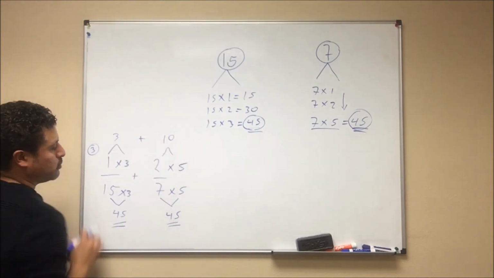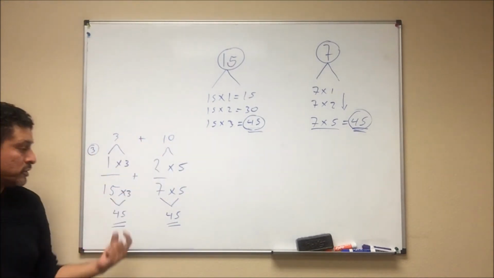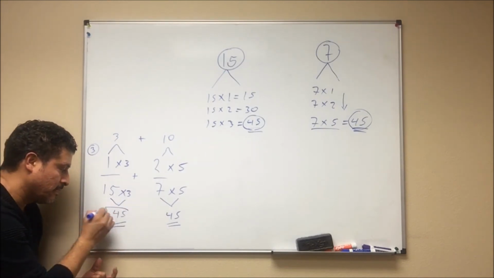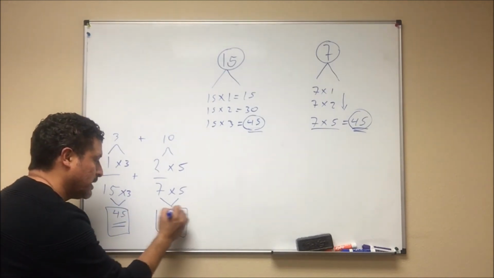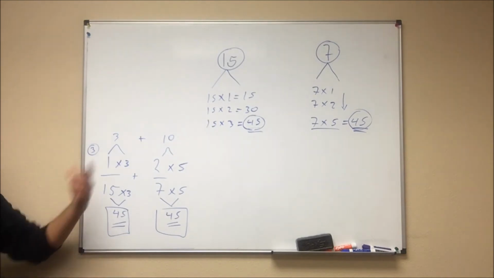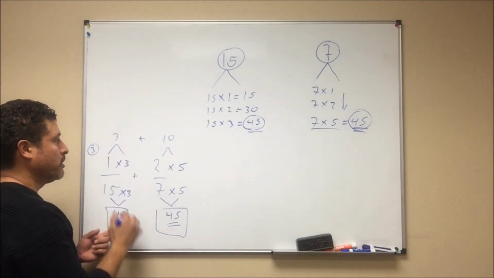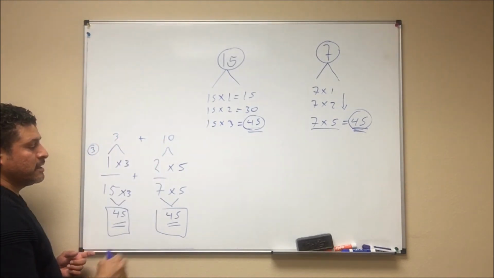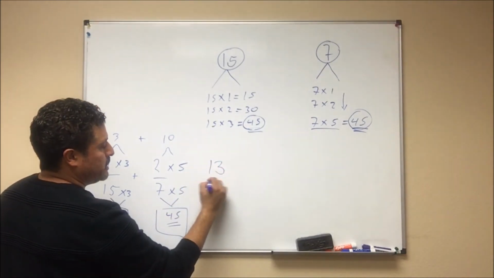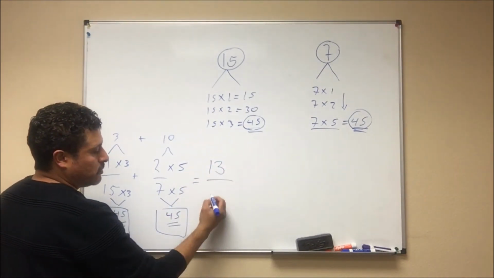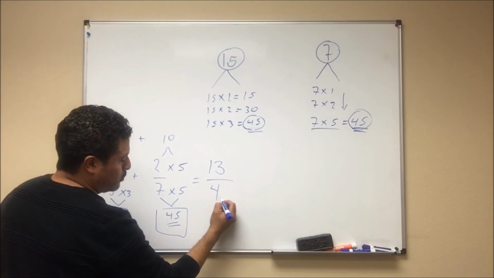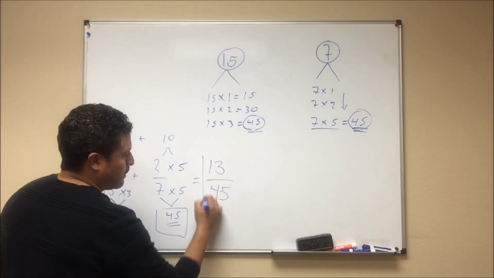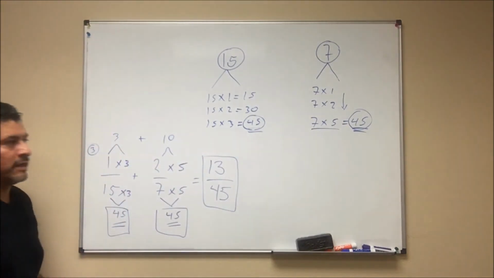Now you have those two soldiers. You have all those soldiers, and you have the same king. There wouldn't be a battle between kings because it's the same king. I own them all. So now I can put them all together. 3 and 10 becomes 13. 13 soldiers, all ruled by one king. 13/45.